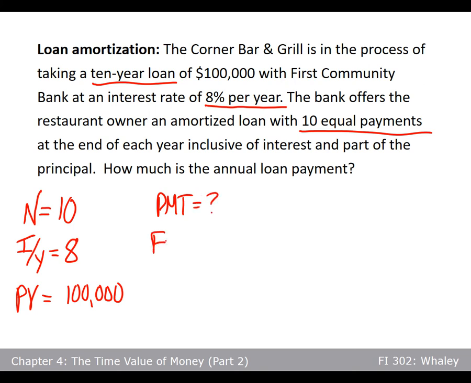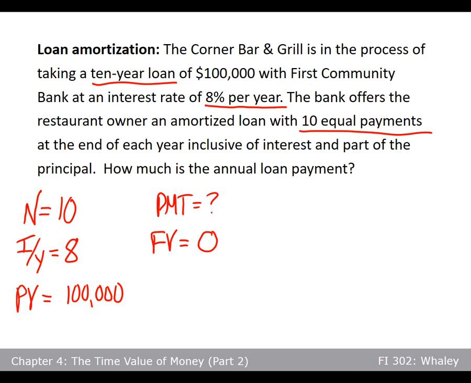And finally, the future value. The future value of the loan effectively represents what the ending balance should be at the end of the 10 years. We know from class that when you amortize a loan, the last payment pays off any interest that's accrued, but also any remaining principal balance. So the future value of the loan after the 10 payments is 0.